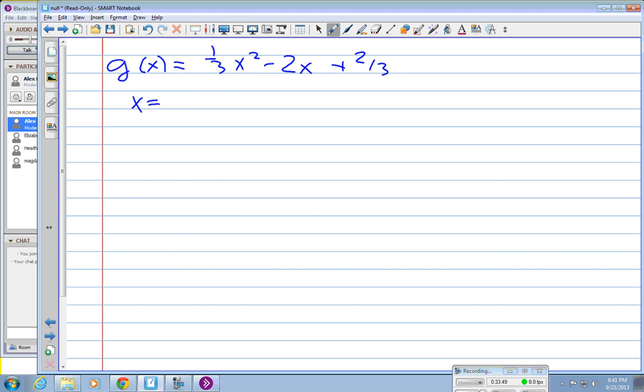So negative b, so it's negative of negative 2 over 2a, so it's 2 times 1/3, right? So it's negative b over 2a, which is positive 2 divided by 2/3, right? 2 times 1/3 is 2/3. So this is 2 times 3/2. 2's cancel, equals 3. So that's the x location of our vertex for that function.